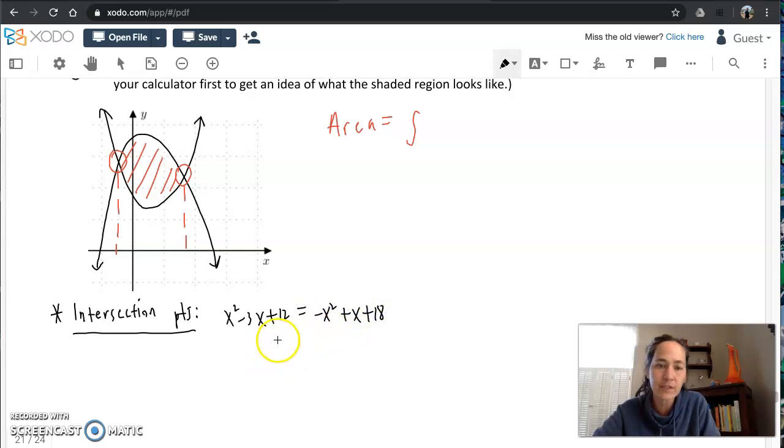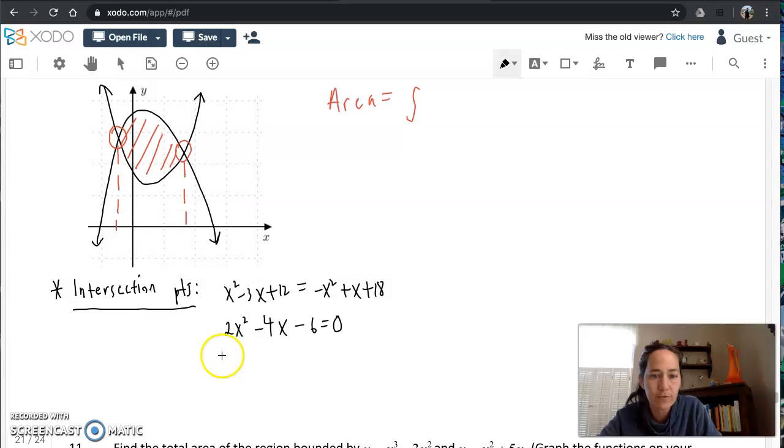Okay, my best advice, pick a side to move all the terms to. If we want to keep the leading term positive, I think a good choice would be the left side in this case. So how about minus 2x squared? Let's subtract an x over to get minus 4x, and then subtract an 18 to get minus 6, equaling 0. Factor or use quadratic form to solve.